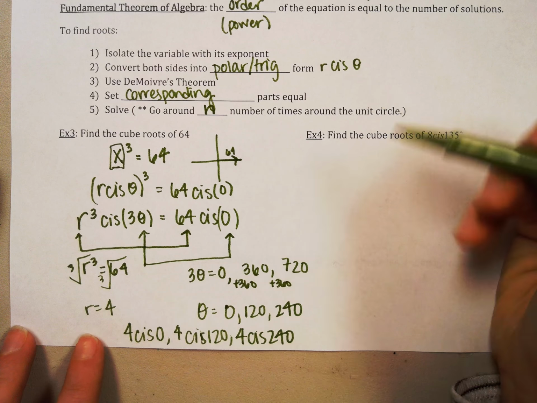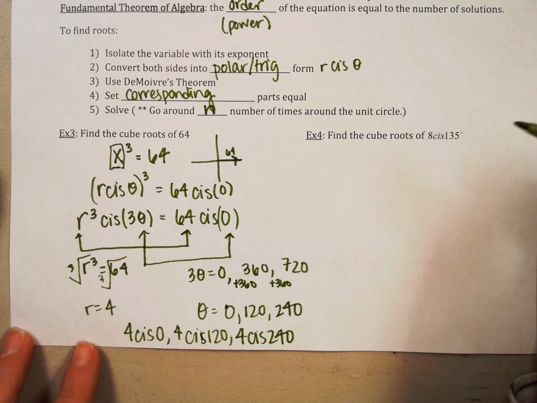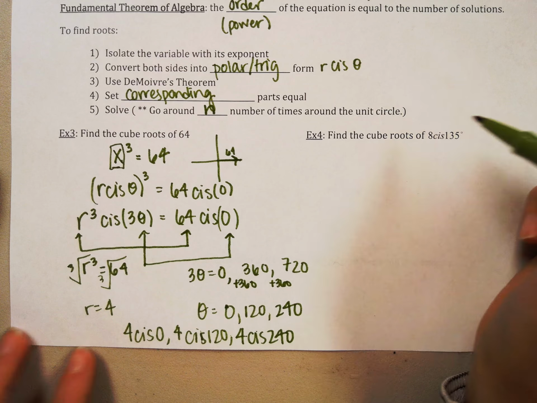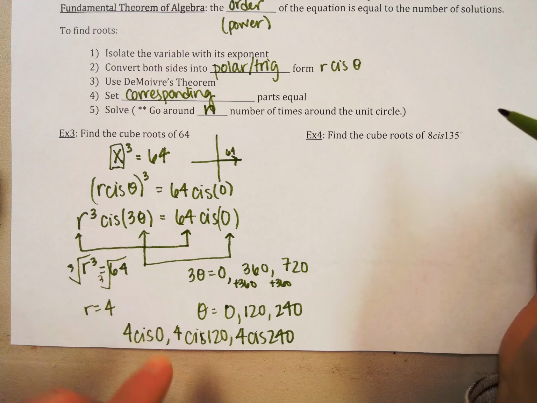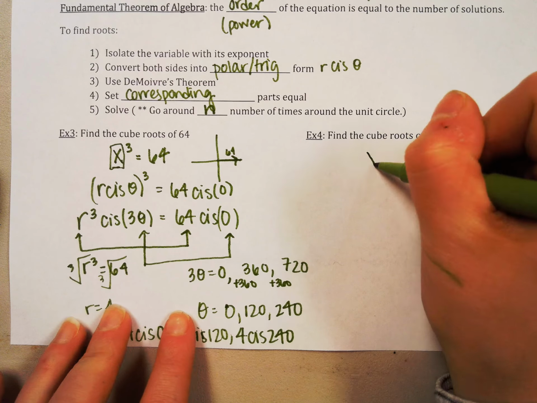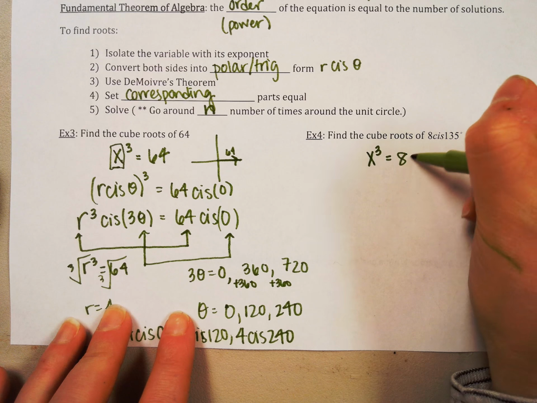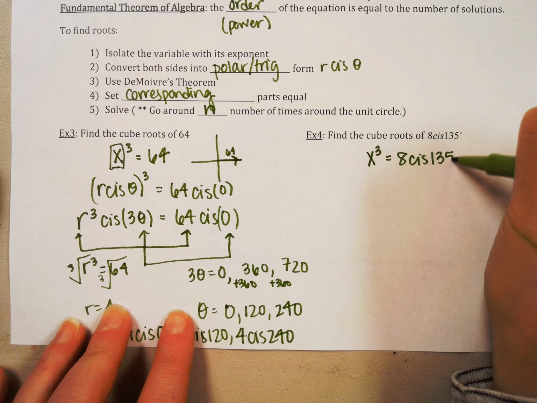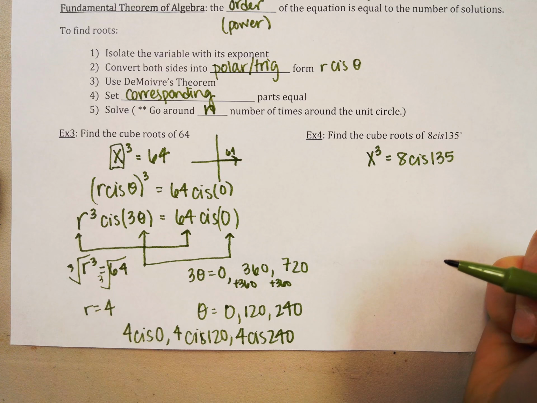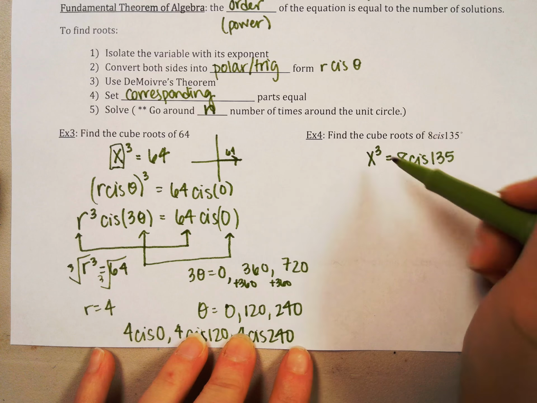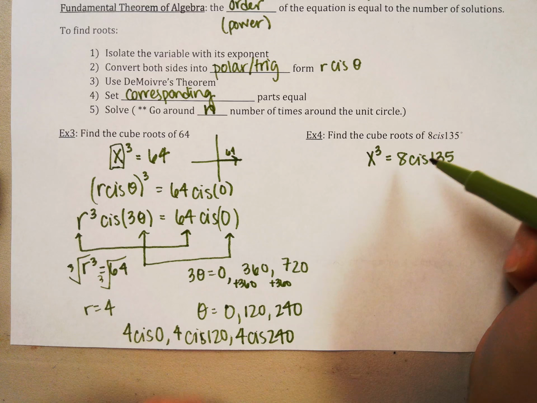Okay, same idea. We're going to find the cubed root of 8 cis 135. This time we're not having a real answer, so we're going to have all imaginary solutions for this. So again, we're finding the cubed root, so we're going to start with x cubed. And then we're going to convert it into polar form. So this side's already polar. Awesome. This side's not, though.